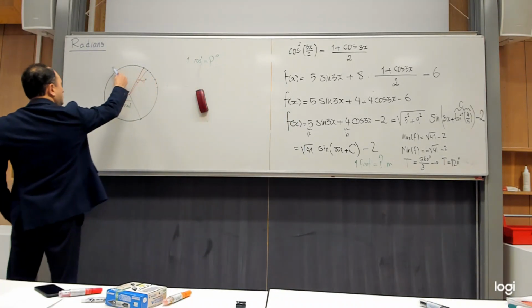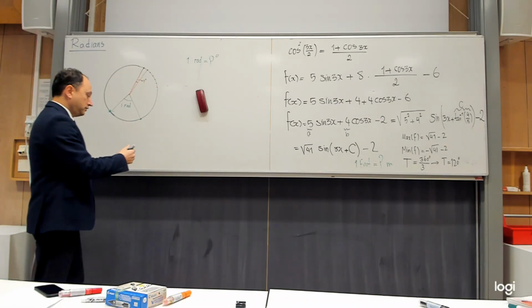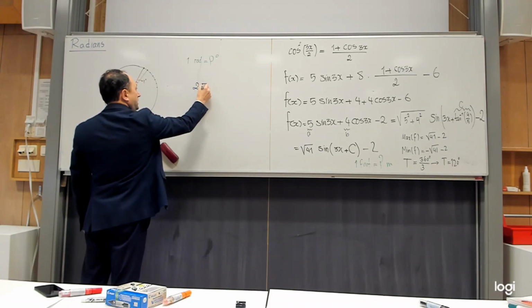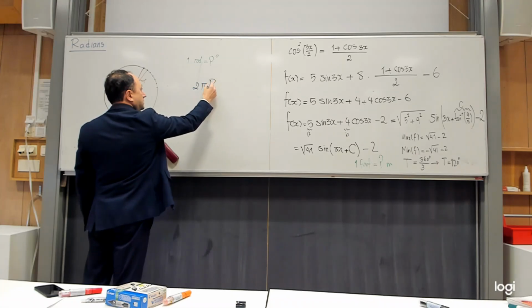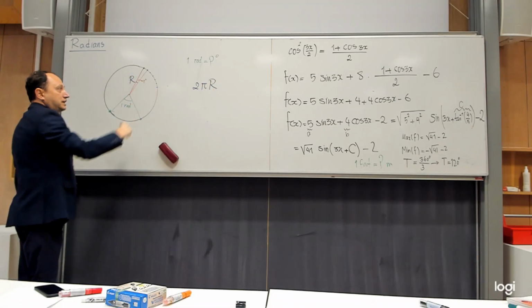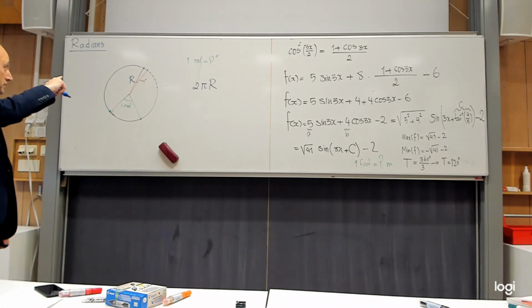And that's exactly the same story. If I ask you, do you know how much is the length of the circumference? If you have forgotten, the formula is 2 pi, the famous pi number, multiplied by the radius of the circle, yes? If the radius length is r. So that is the formula for the circumference of the circle.